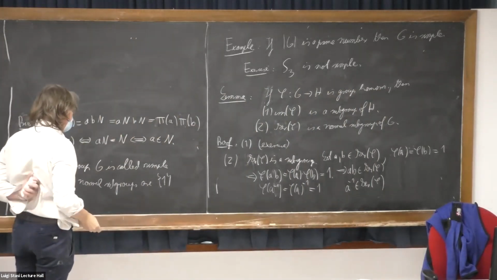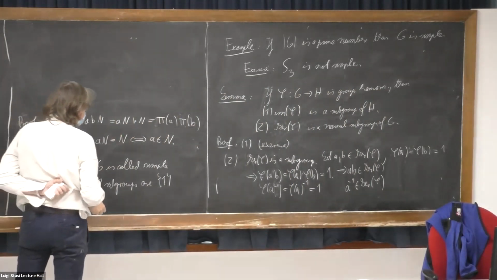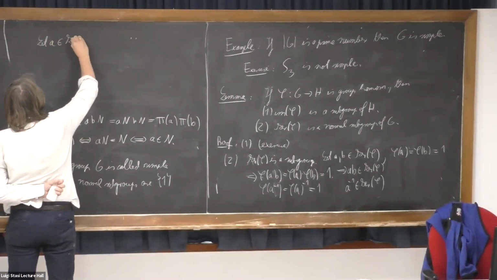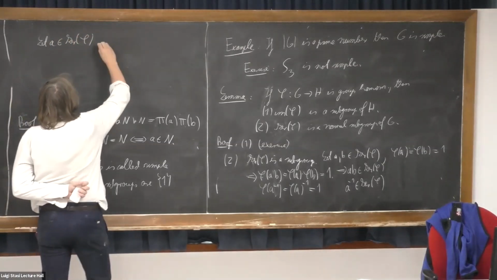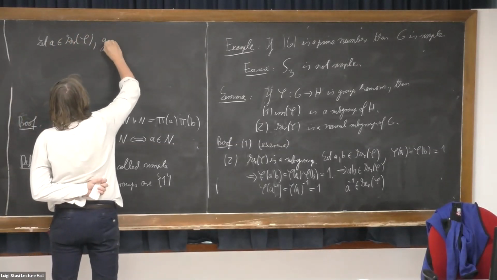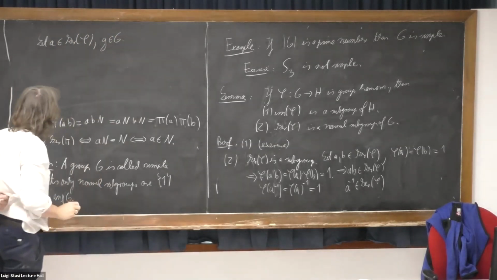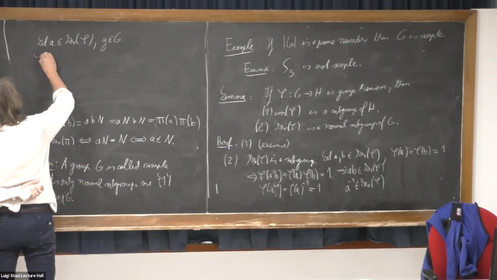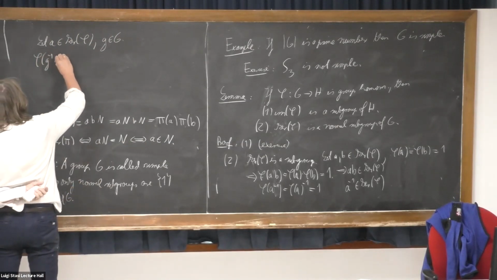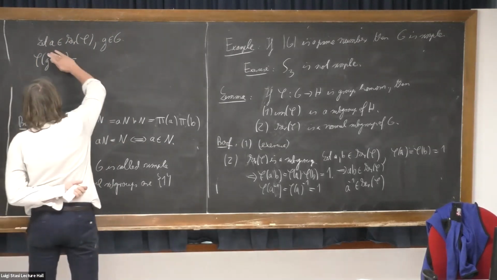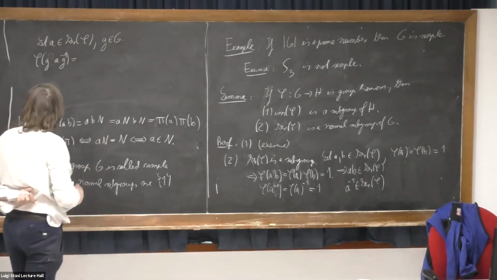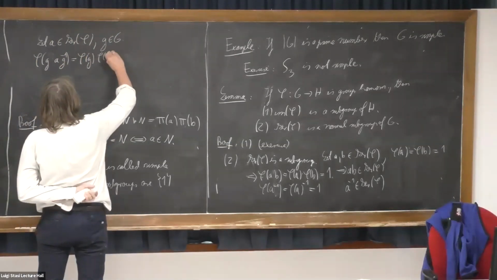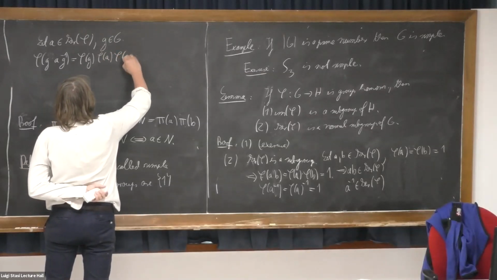So let A be in the kernel and G. Then I now make P of G A G to the minus 1, like this, and this is P of G, P of A, P of G to the minus 1.